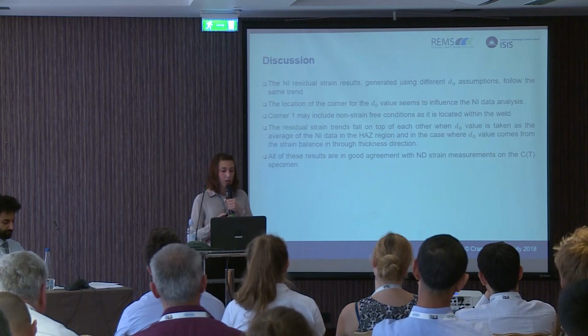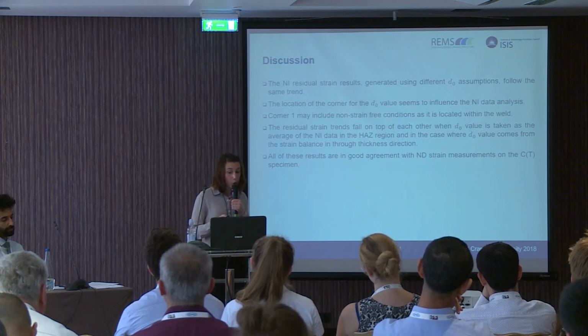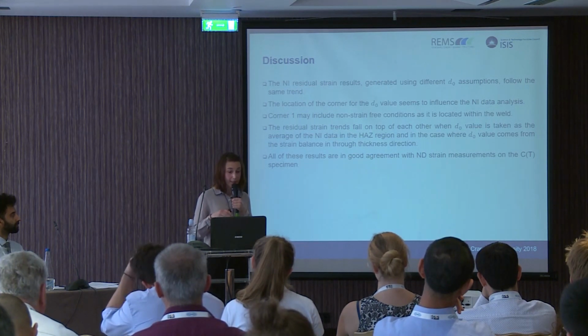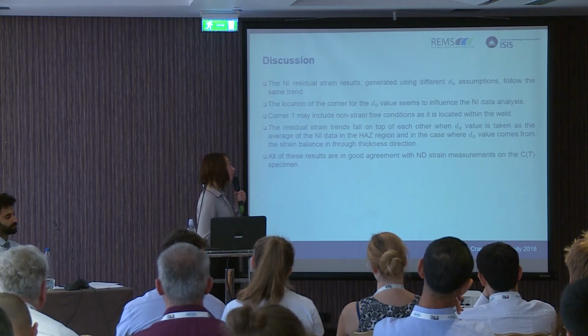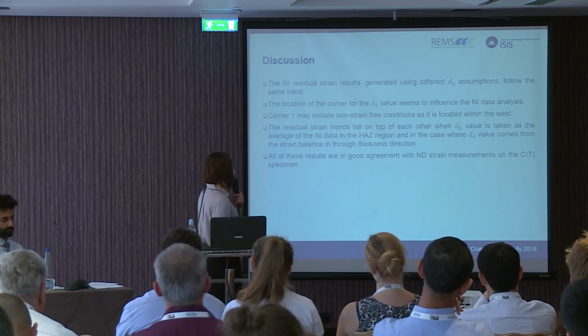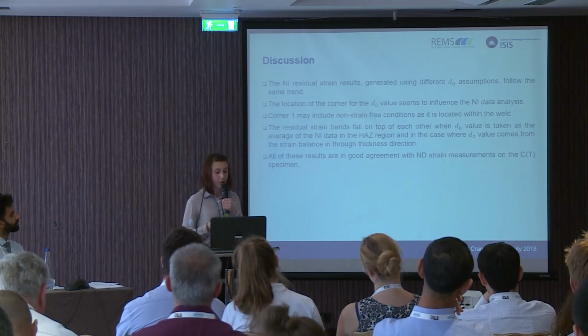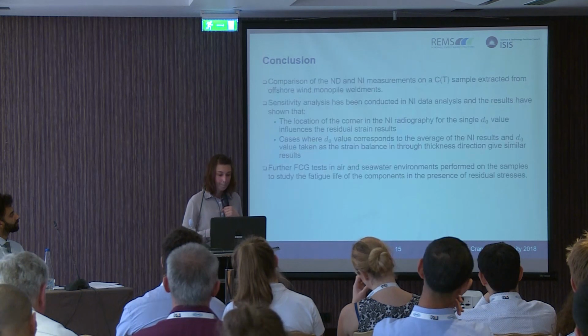And like I said, the residual strain trends fall on top of each other when D0 is taken as the average of the neutron imaging data in the HZ region, and when D0 comes from the strain balance in through thickness direction. And finally, all these results are in good agreement with neutron diffraction measurements.